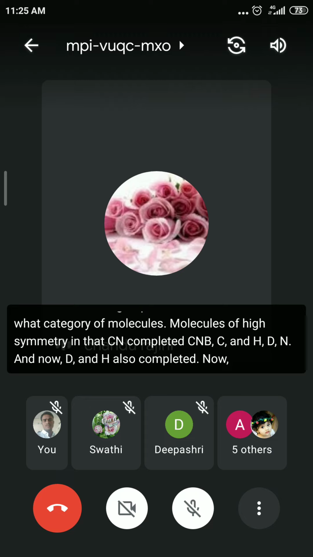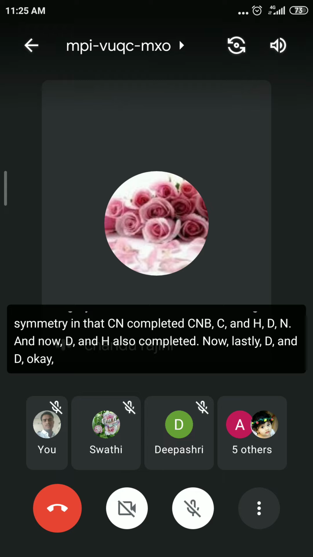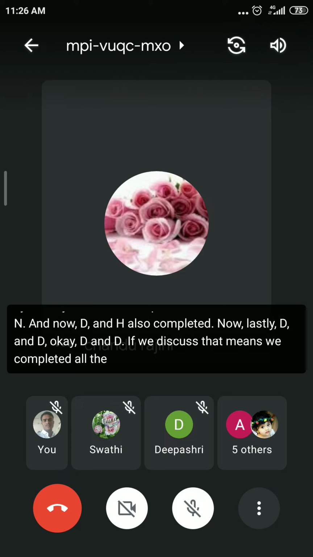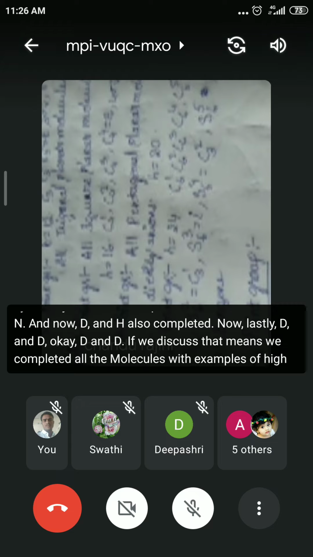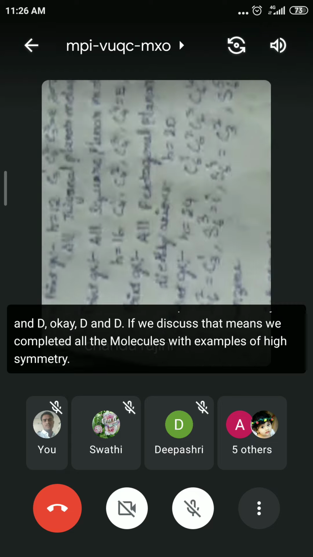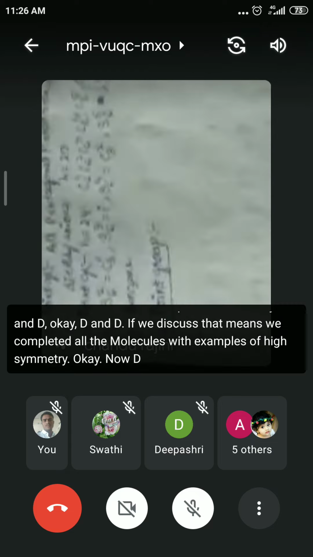Now, lastly, Dnd. If we discuss that, it means we completed all the molecules with examples of high symmetry. Now the Dnd point group.